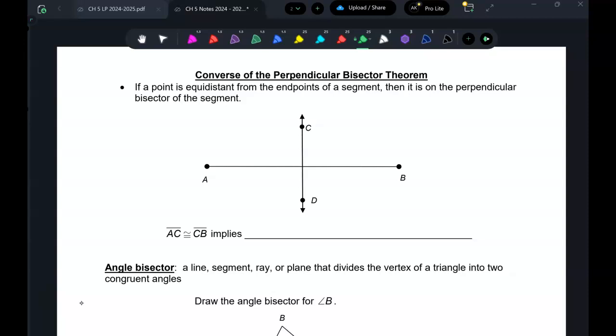Okay, converse. This just says, if you know a point is equidistant, then it is on the perpendicular bisector. So in other words, if AC and BC are congruent, then you know CD is a perpendicular bisector.